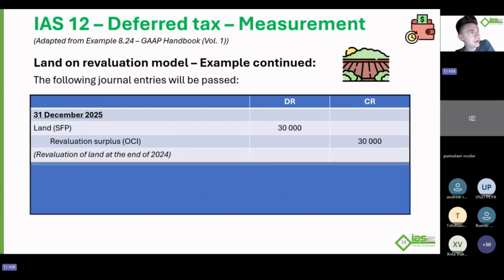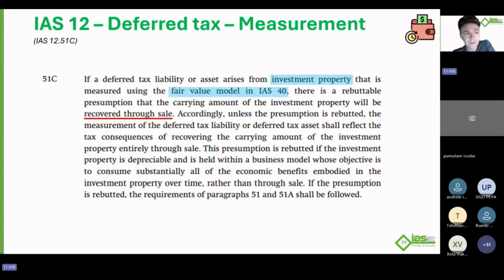Investment property on the fair value model is recognized and reflected at its fair value, which is a selling price. So why are you saying the asset is sitting at a selling price, but now you want to not have the tax do that too? Do you see why we are making this assumption? Because you already assumed that when you selected the accounting policy. Do you see that?